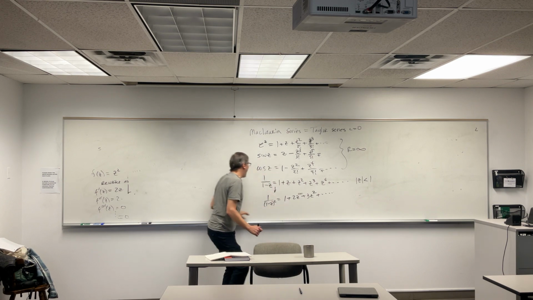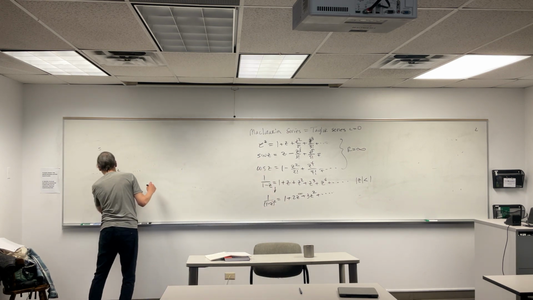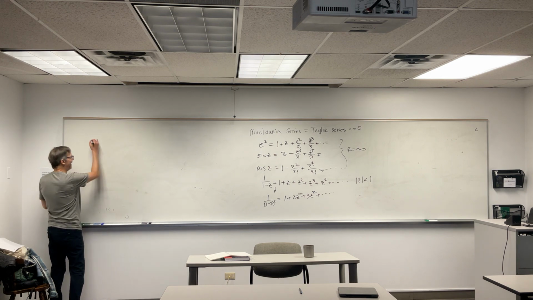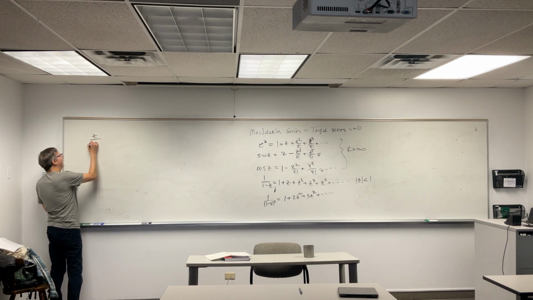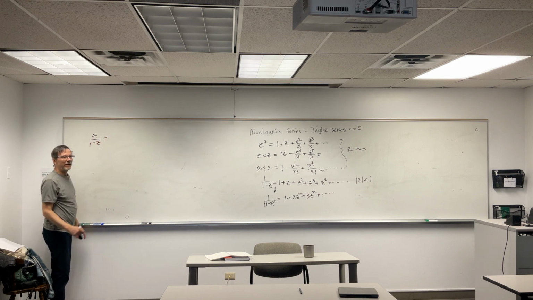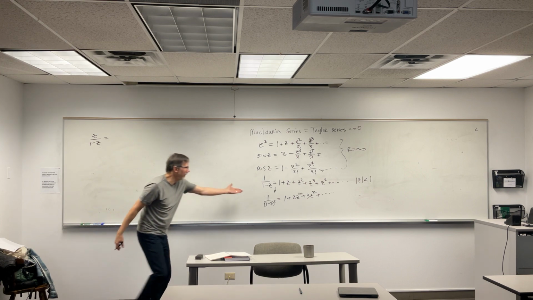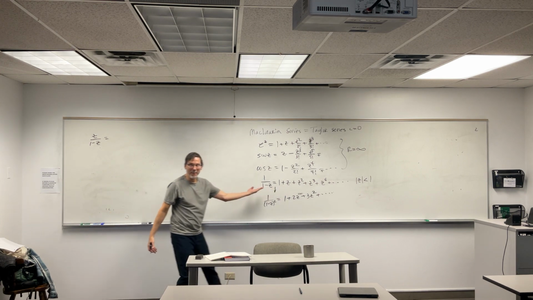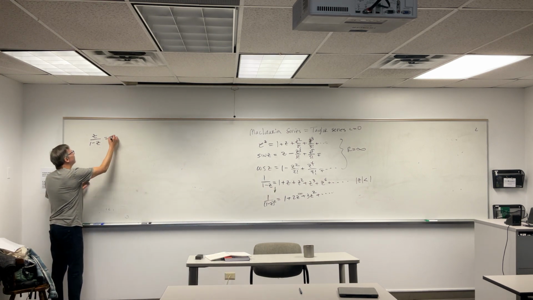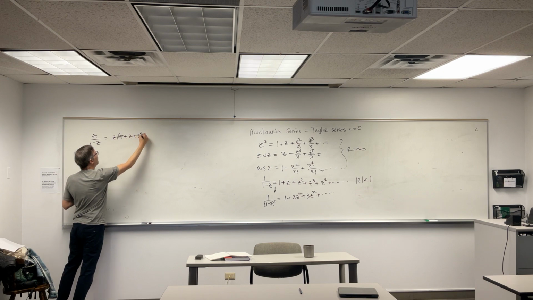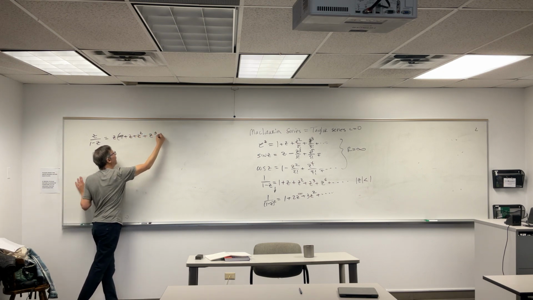Let's do another one. How could I find this series? Just multiply everything by z. Take this series, multiply by z. So it's just z times this one. I'll write it up here, especially for folks who aren't here today.